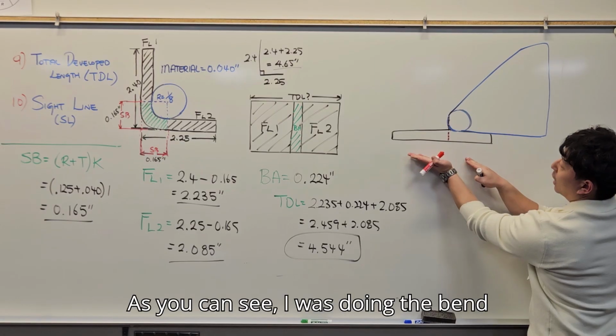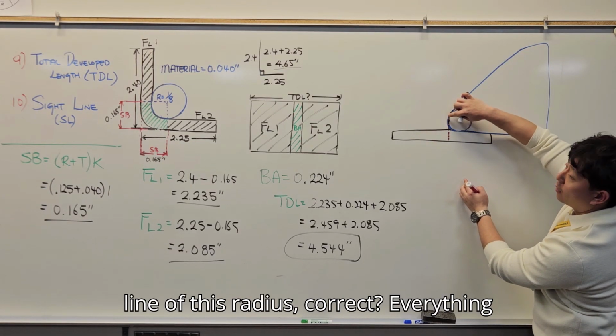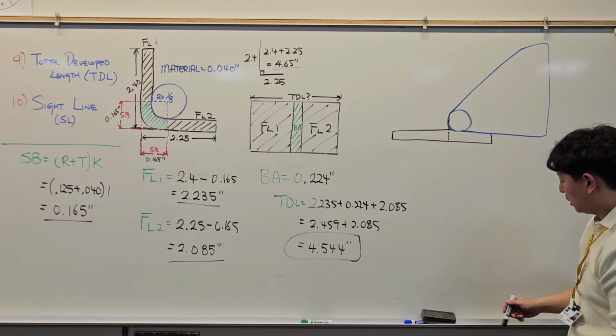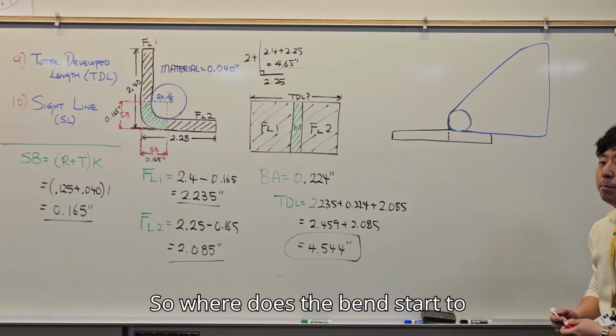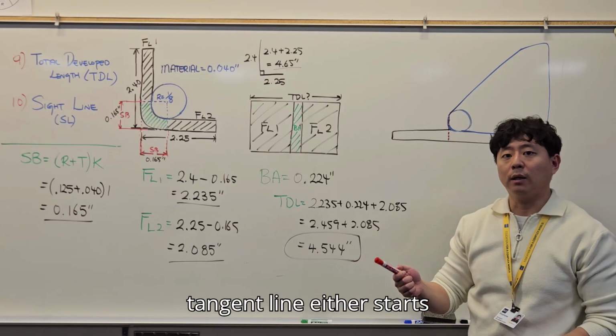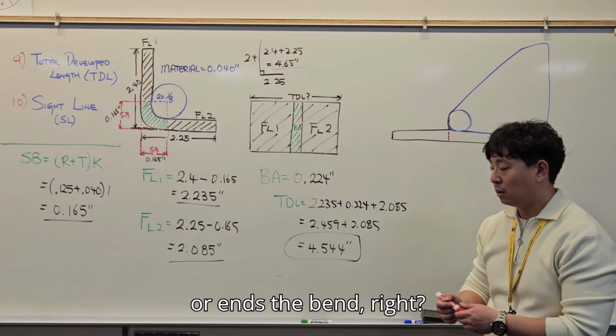As you can see, I was doing the bend according to the tangent line of this radius, correct? Everything was just kind of wrapped around, right? So where does the bend start to happen? We know that the bend tangent line either starts or ends the bend, right?